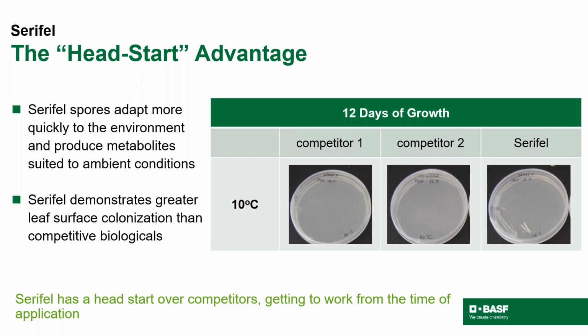Bacteria typically prefer much warmer temperatures, but even at this cool temperature, Serifel can communicate as a colony and begin to grow. If you look at the petri dish, in the bottom left-hand corner, it's all starting to grow.